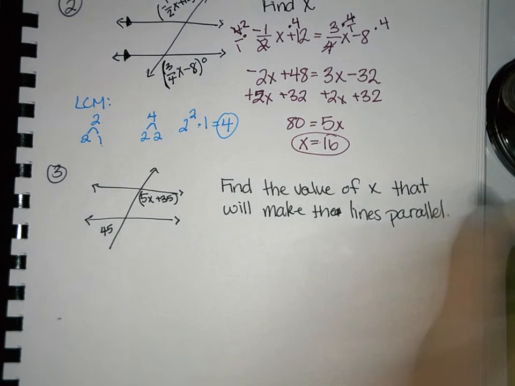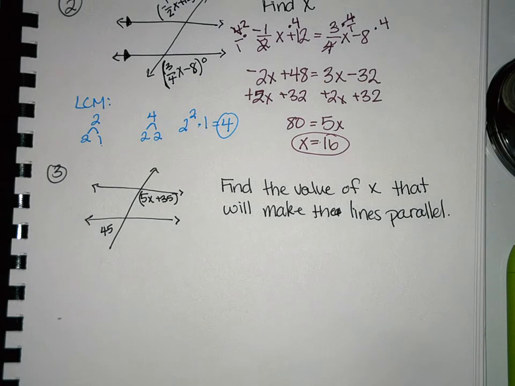Okay, so when we don't know for sure that they're parallel, then we don't know all those relationships. We don't know that alternate interior angles are equal, and we don't know that alternate exterior are equal. Those we only know for sure if we know they're parallel. So when we get one like this that doesn't tell us that they're parallel, but it's asking us to find the value of x that will make it happen, then you want to use the exact same relationship.